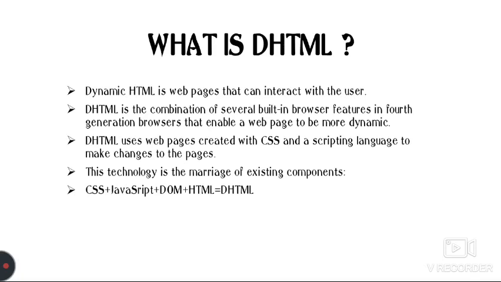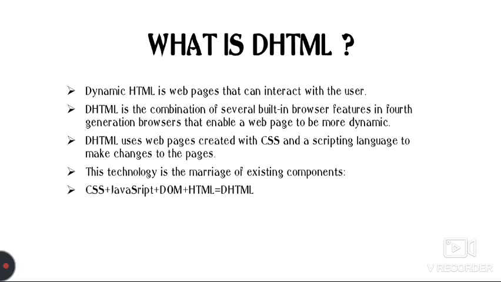DHTML is the combination of several built-in features in fourth generation browsers that enables a web page to be more dynamic. It is used only in updated browsers like Internet Explorer 4.0, which create more dynamic and stylish web pages.